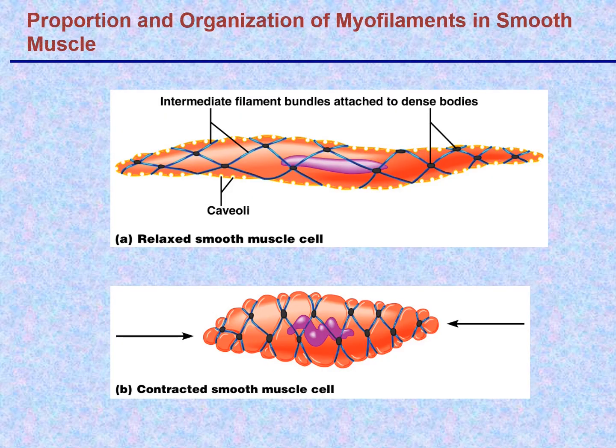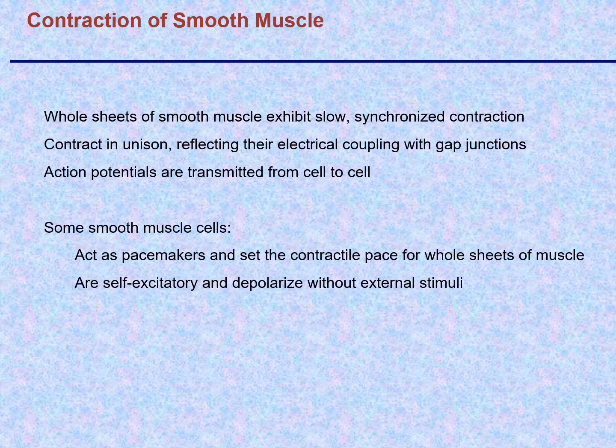So you have these filaments, and you get contraction, and you have this change in shape as shown here in this diagram. When the smooth muscle tissue contracts, the whole sheet will contract in a particular area. So you have many smooth muscle cells. This is not a very beautiful drawing, but let's say we're looking at a sheet of smooth muscle cells all aligned right next to each other.